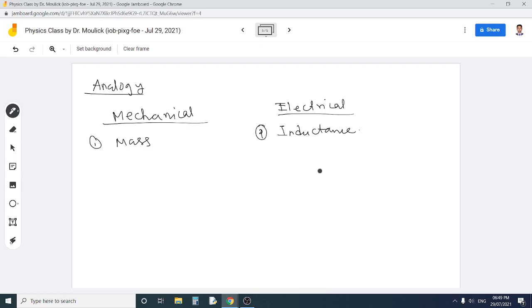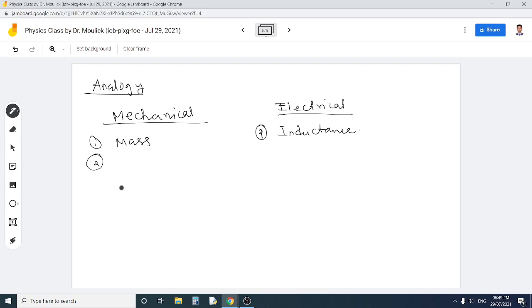Why? Because it gives you a sort of inertia in the flow of current. Wherever the current should have risen instantaneously, it gives it a slow rise. Wherever the current should have fallen instantaneously, it gives it a slow fall. So that is why the mass has an equivalent electrical component, the inductance.